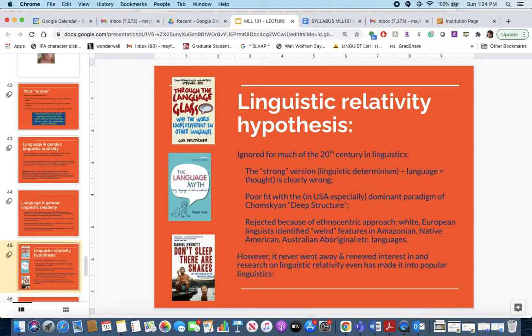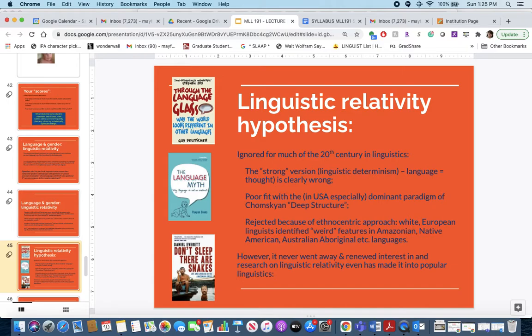They looked at Australian Aboriginal languages and they would say, oh, these weird features. Like, aren't these people, like, oh, they don't know how to tell time? And that was really racial. That's a really ethnocentric approach, right? So that's why a lot of linguists look down upon early 20th century methods, because they weren't looking from a purely linguistic lens, right?